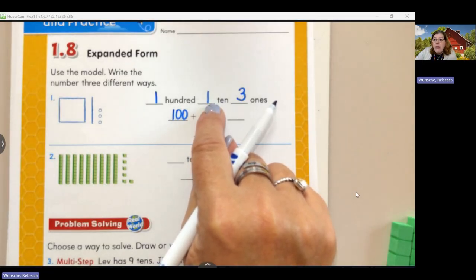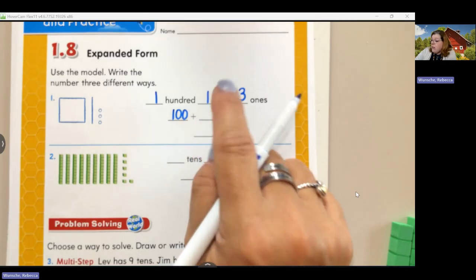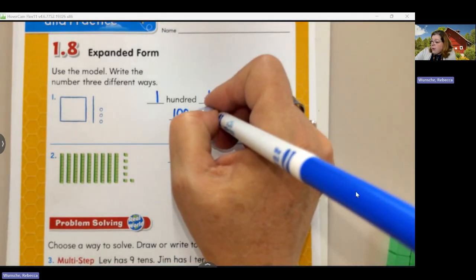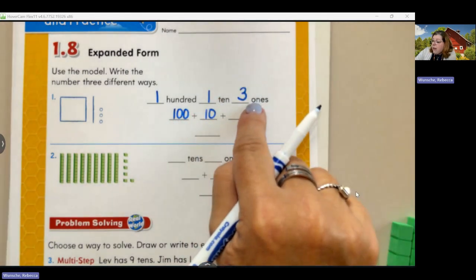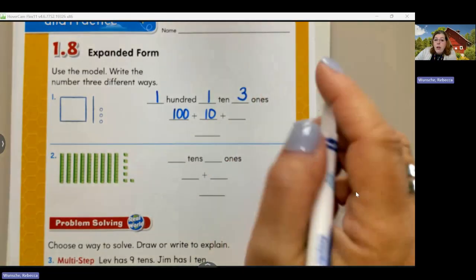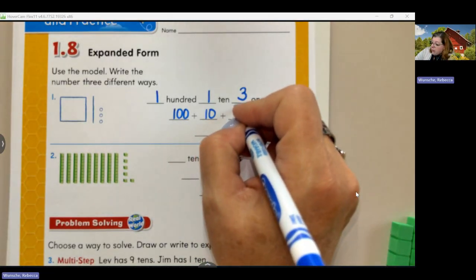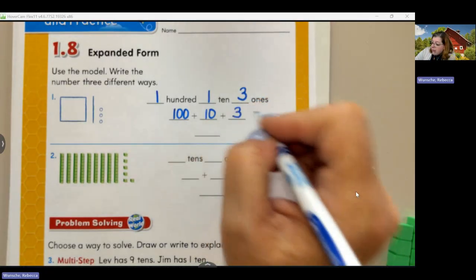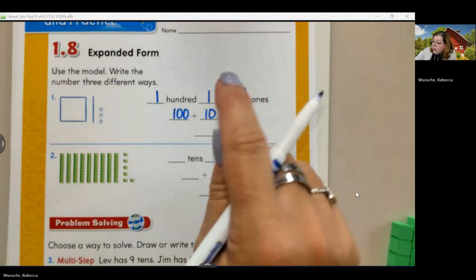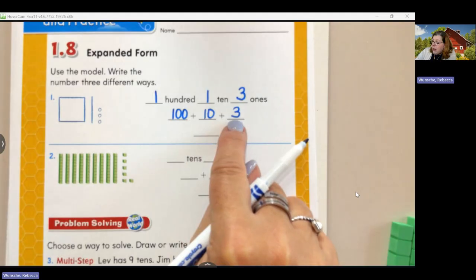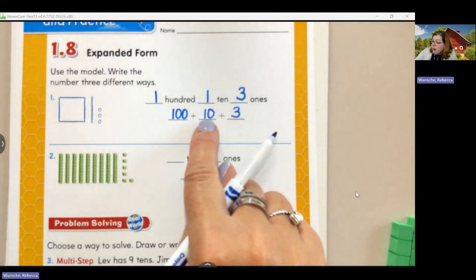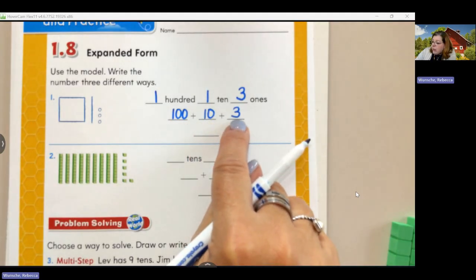When I count by tens, I start counting by tens, 10. So I'm going to write down the number 10 that I just said. And then I have 3 1s. So I'm going to write down my 3 1s because I just said the number 3. So I have 100 plus 10 plus 3.